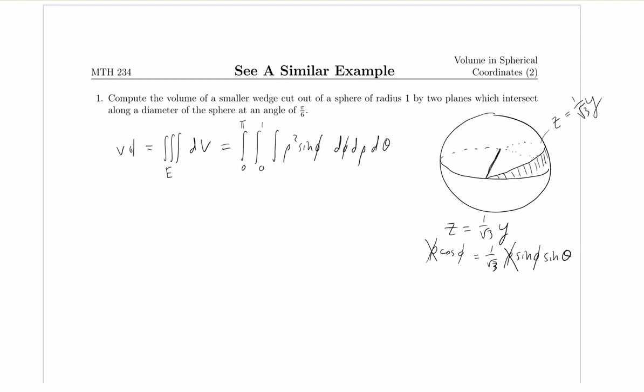Now let's move the cosine to the other side, and the sine and the square root of 3 to the other side. So we'll get square root of 3 cosecant theta. Remember, cosecant is 1 over sine. And on this side we'll have sine over cosine, which is tangent of phi.